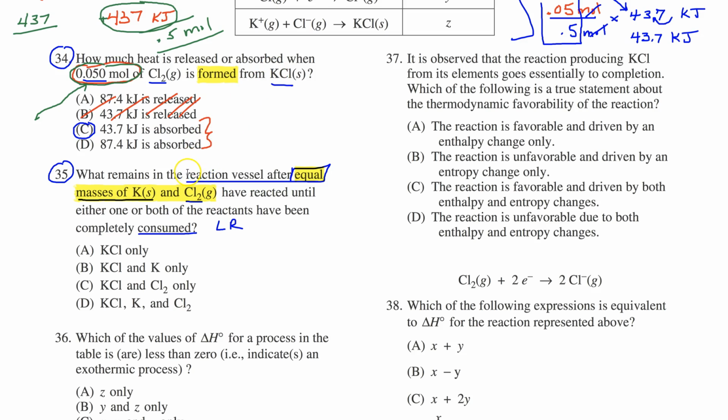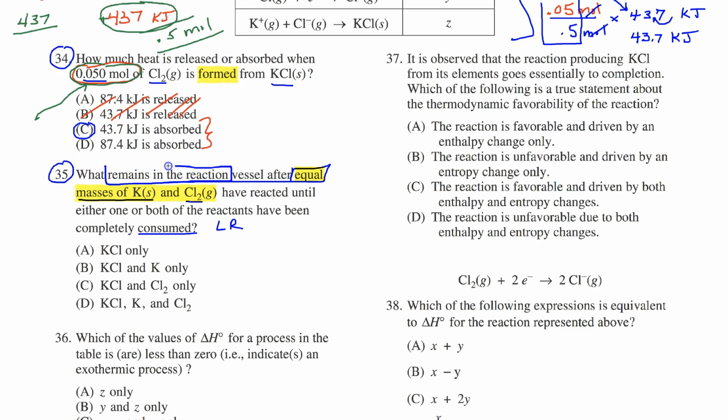So given that play on mass versus moles, what can we do to see who is the limiting reagent and who is the excess chemical? Because what they're asking you is what remains in the reaction vessel.